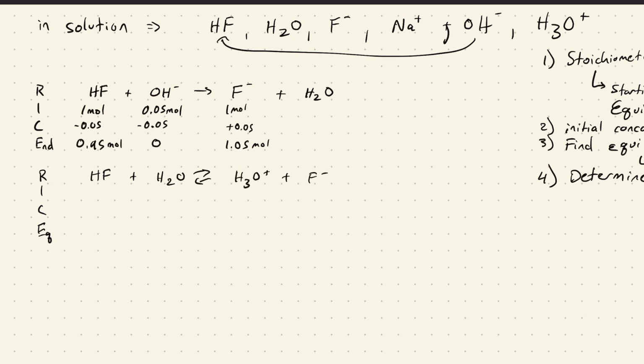Okay, my initial concentration of HF is 0.95. My initial concentration of hydronium is 0, and my initial concentration of fluoride ion is 1.05 molar. We're going to go down by x, and we're going to make our assumption that that's 0.95. That's going to go up by x, and then this one is going to go up by x, but now we can make the assumption that that's just 1.05. 1.05 plus x is just 1.05.